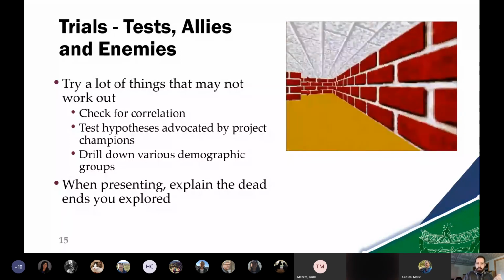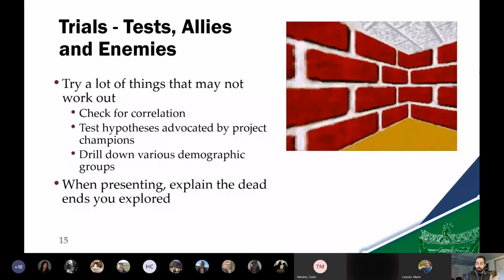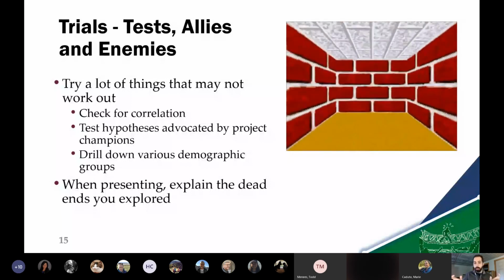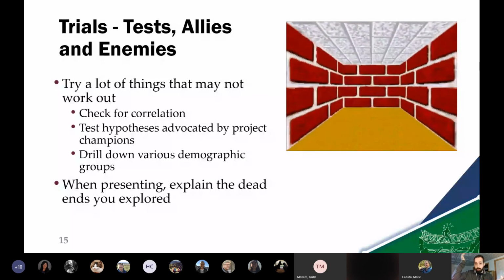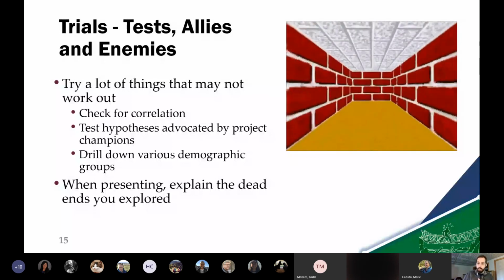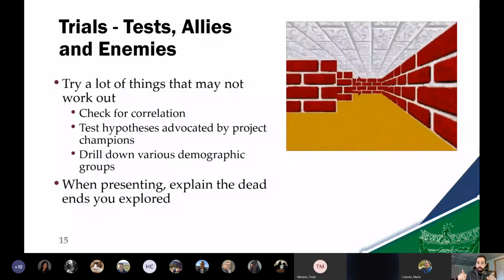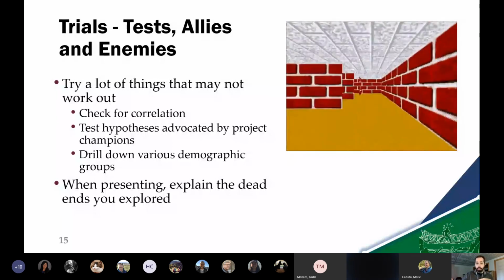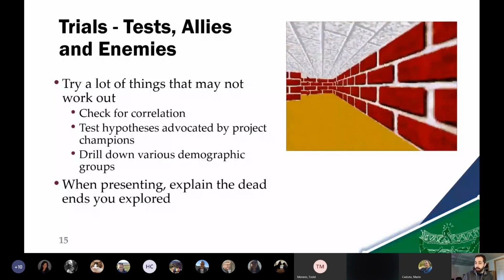I've gone into a data set thinking, I expect that a certain demographic group is going to behave differently than another demographic group, only to find out that there's really no difference between those two data sets. But if I thought to investigate that difference between those two groups, then the people that I'm ultimately presenting this to are also going to potentially have those concerns.